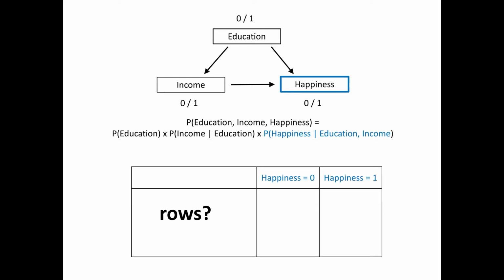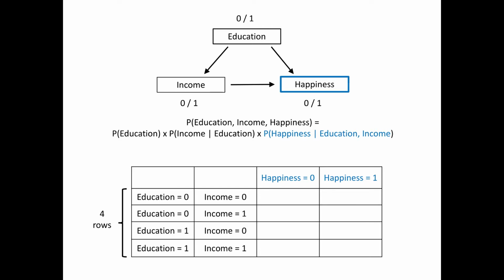So the question is, how many combinations do we have for this case? To compute the number of combinations, we just need to multiply the number of categories of each variable in the conditioning set. In this case, education has two categories, and income has two categories. So 2 times 2 equals 4. We have 4 possible combinations. Thus, we have 4 rows in the conditional probability table.